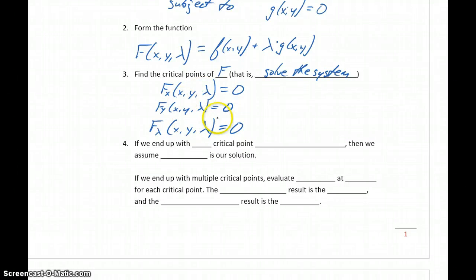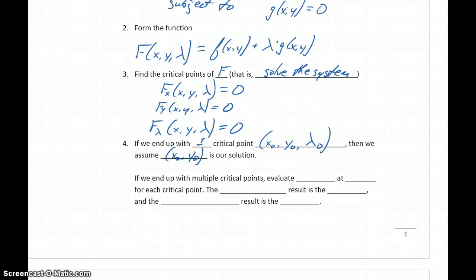So after we solve that system of equations, if we end up with one critical point, x naught, y naught, lambda naught, whatever those three values are, then we assume that x naught, y naught, or x sub 0, y sub 0, is our solution. So if we only end up with one critical point, we assume that's our solution. Lambda gets dropped from the solution and it's just in terms of x and y.